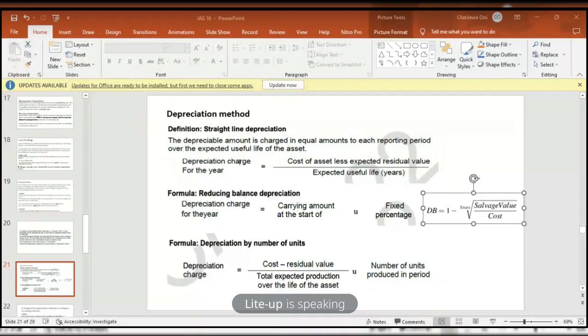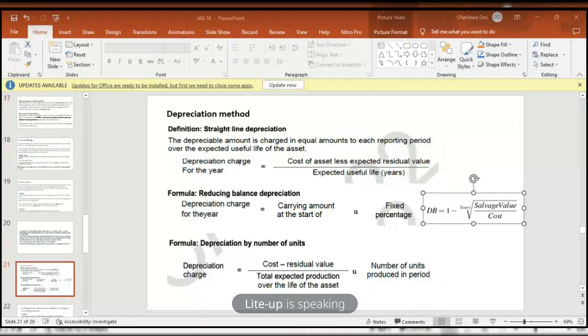The example 7 is not yet clear to me. The residual value is not reflecting in the calculation. Yes. When we are working, this is not a typical example of residual value for the reducing balance method. That's why it is like that. When they are giving us a reducing balance method, the residual value will help us know when the asset should stop depreciating.